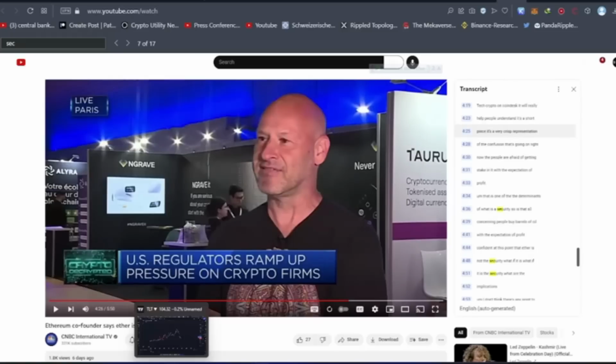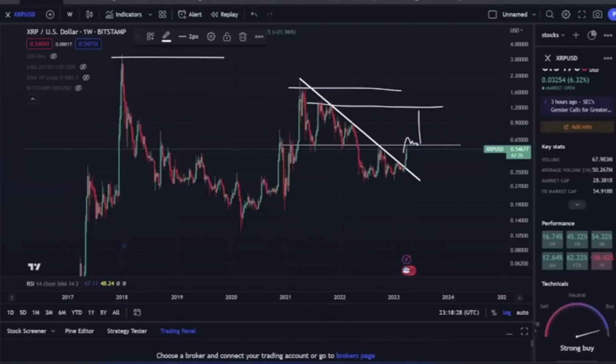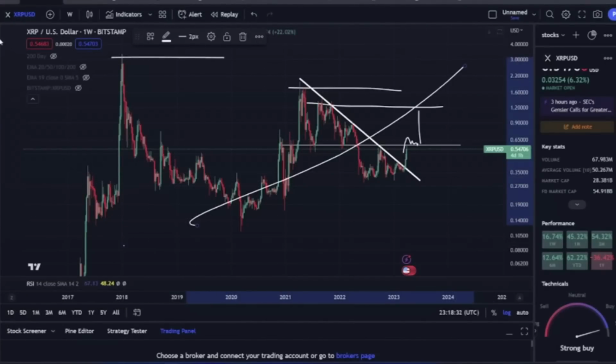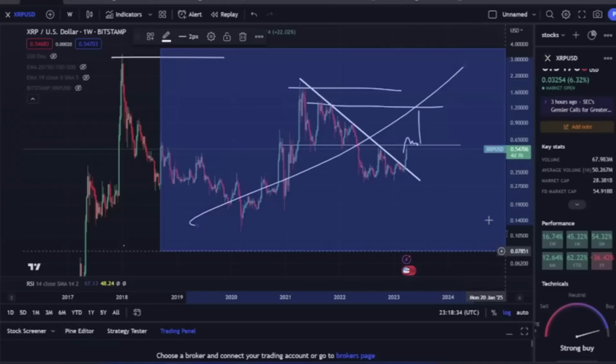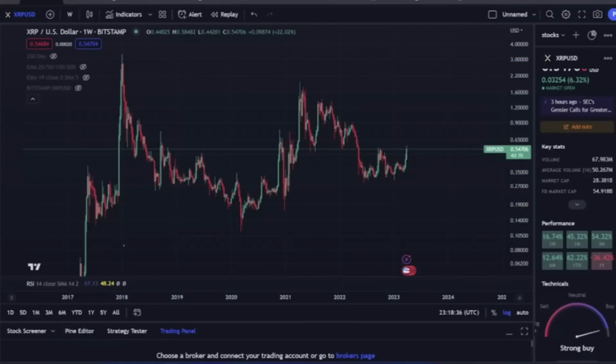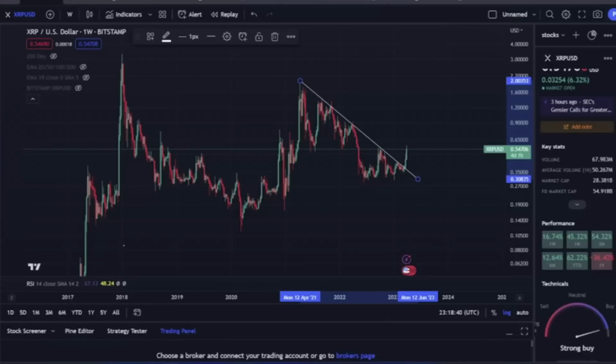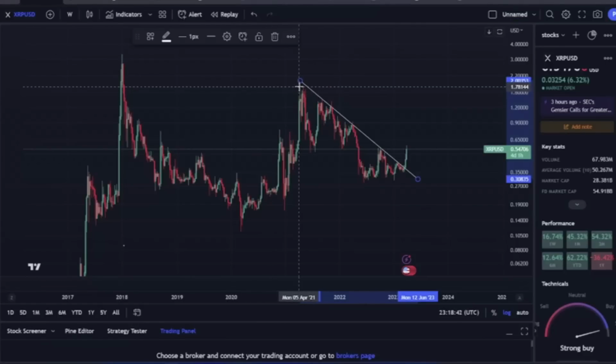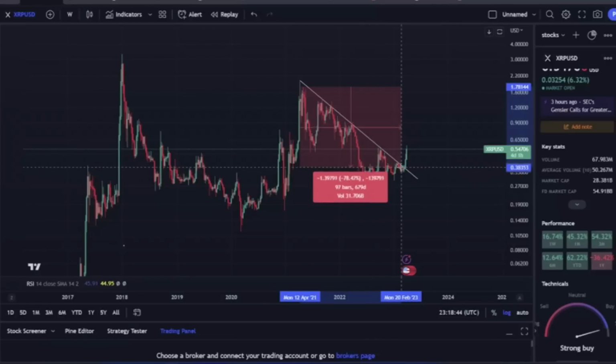The markets are forward looking. So XRP's price has been moving up, and we had this very long area of resistance. So this is like 700-something days that we've had. From this peak all the way till when we broke out, this was 700 days, and we just broke out of it.